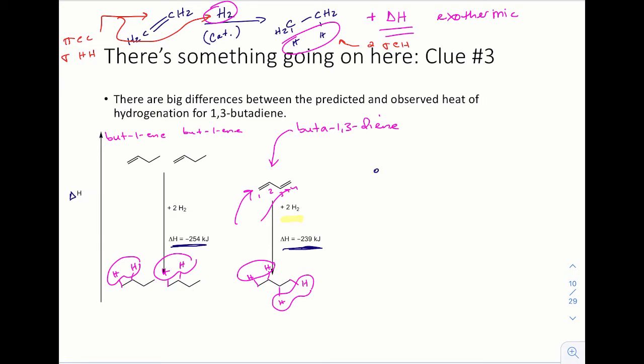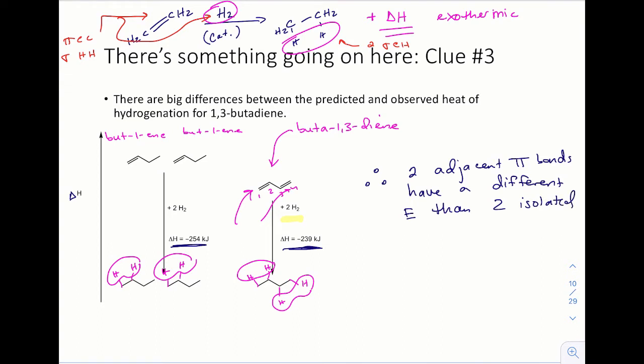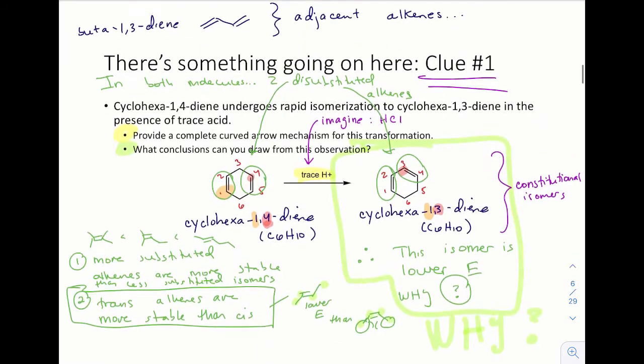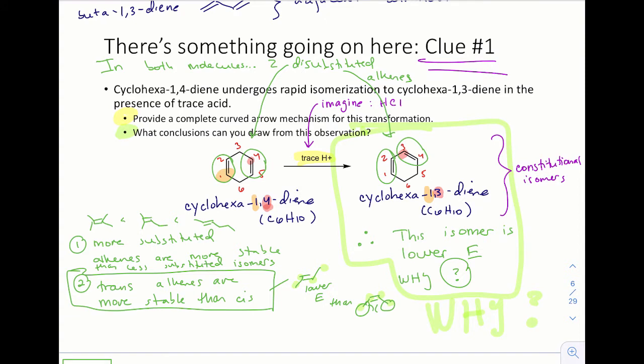So what we can conclude from this data is that two adjacent pi bonds have a different energy than two isolated pi bonds. Two adjacent pi bonds have a different energy than two isolated pi bonds. Well, you know what? We already have evidence of that. We saw that in clue number 1.